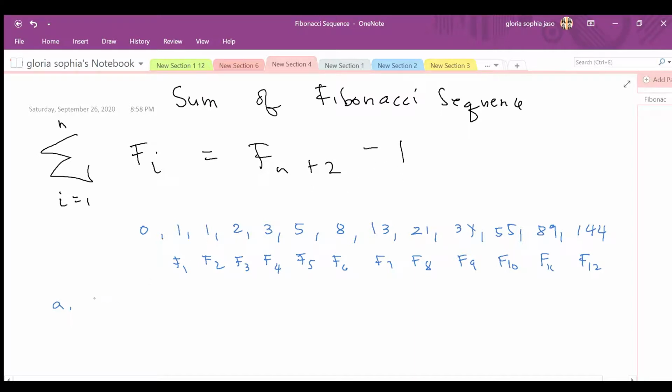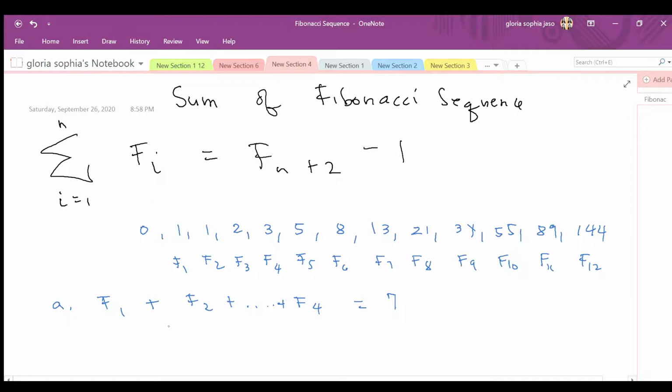So for example, we will find the sum from f sub 1, f sub 2 plus, let's say, until f sub 4. Okay, so manually, computin natin siya, class, hanggang dito sa 4. So 1 plus 1, 2, plus 2, that's 4, plus 3, that's 7, plus 5, hanggang dito lang sa 4, so 7.